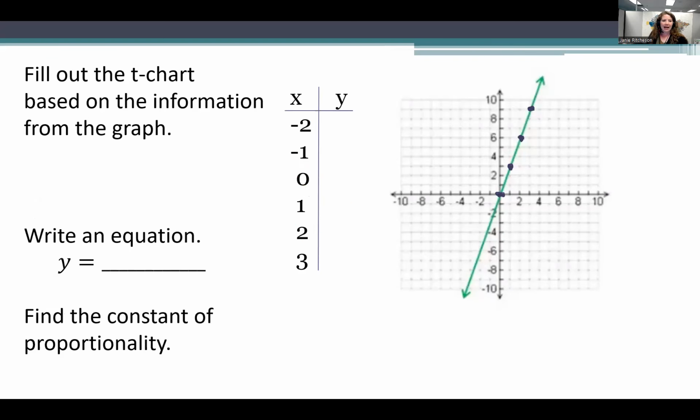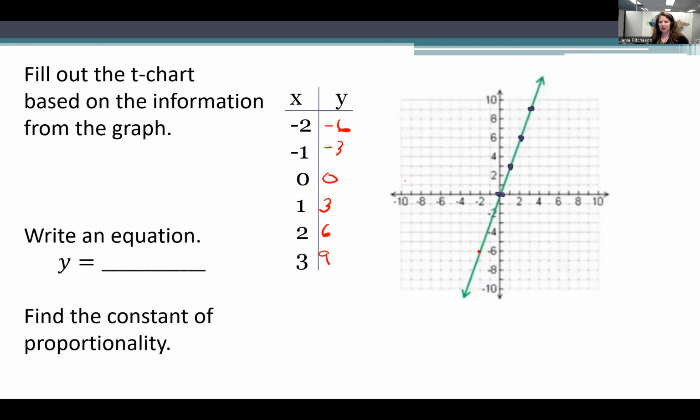All right, fill out the T-chart based on the information from the graph. So once again, when X is 0, Y is 0. When X is 1, Y is 3. When X is 2, Y is 6. When X is 3, Y is 9. If X is -2, Y is -6, and -3, -9.